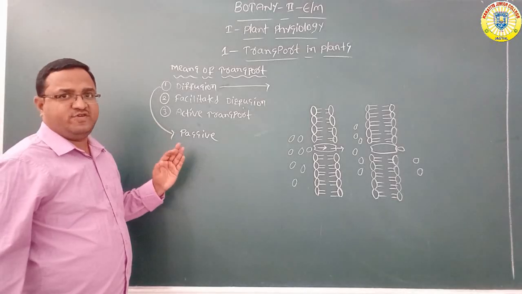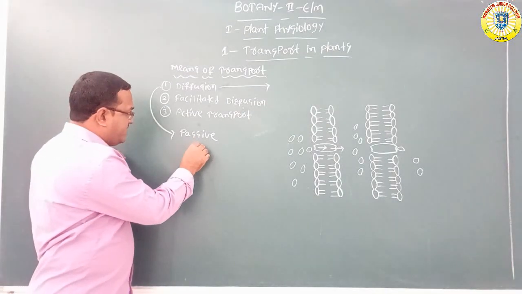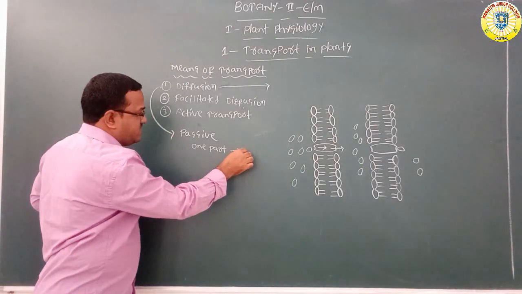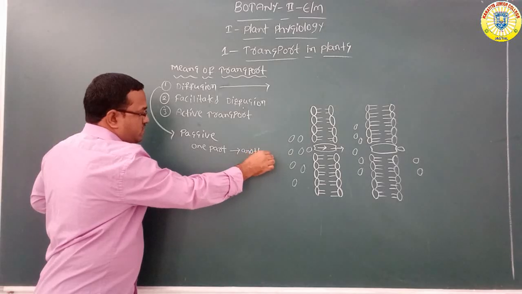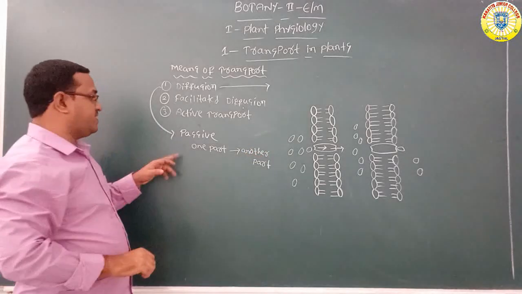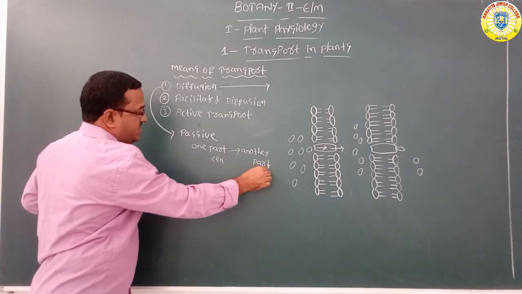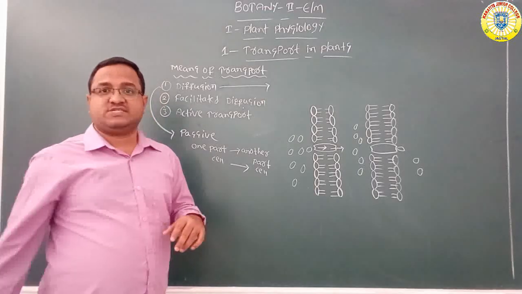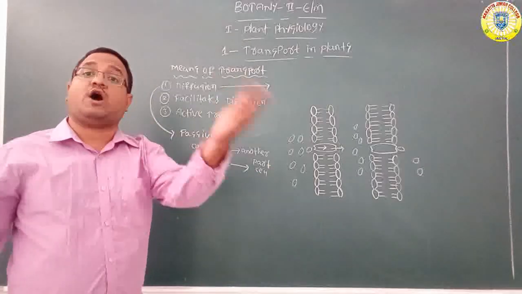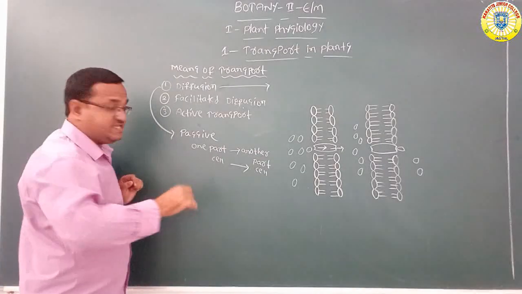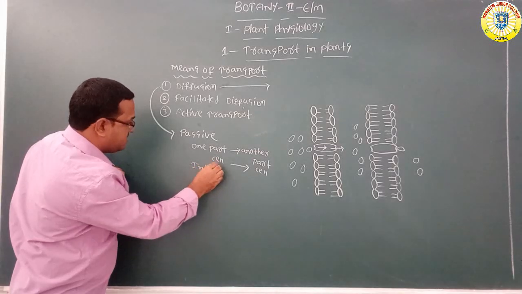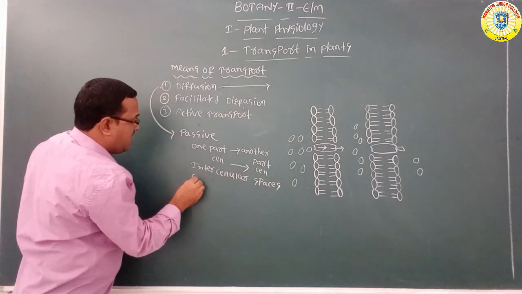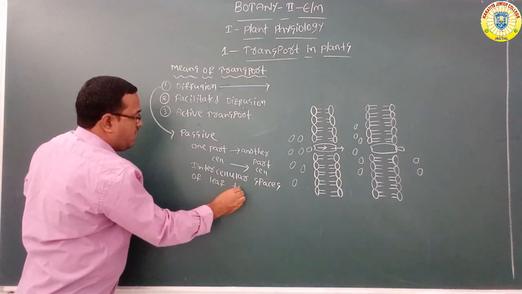Here, the materials are transported from one part of the cell to another part of the cell, and from one cell to another cell, over very short distances, for example from the intercellular spaces of the leaf to the outside.